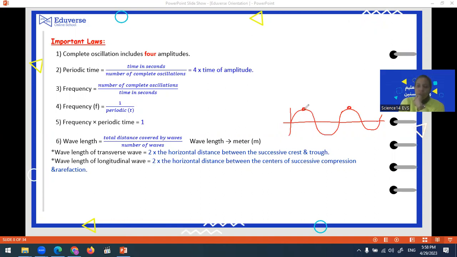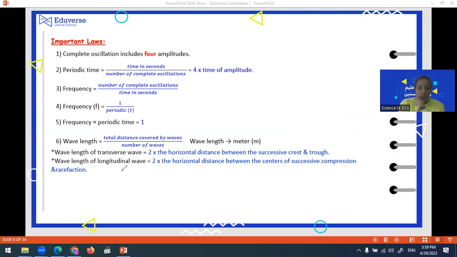So they are telling you that we have the distance between the crest and the trough after it. So we have the mid distance. We are in the middle between the wavelengths. So if you have this distance, you will multiply it by 2 to find the other part. So you have now the whole wavelength. Here we are talking about the transverse wave.